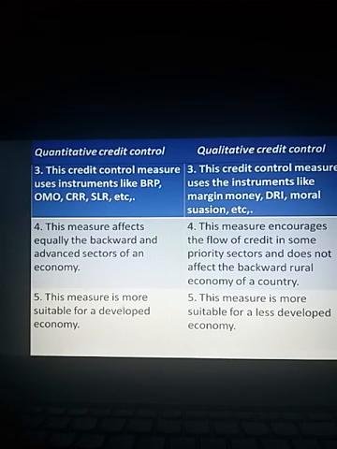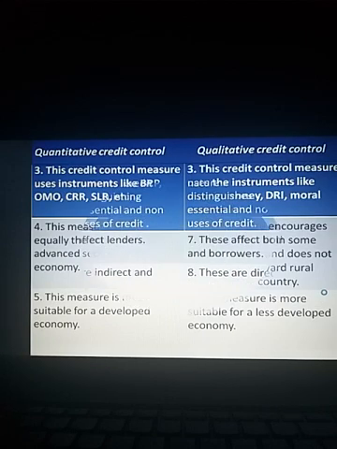Come to point number 5. Quantitative measure is more suitable for a developed economy or advanced economies. It is more suitable because they need not give priority. But on the other side, you see, qualitative or selective measure is more appropriate or suitable to LDC, that is less developed country or less developed economy, because they have to prioritize the sectors.